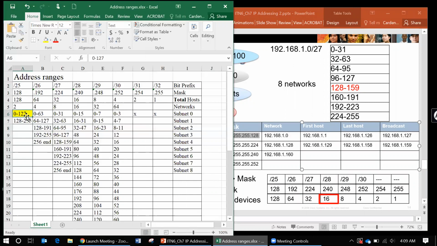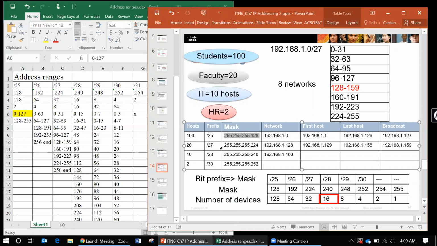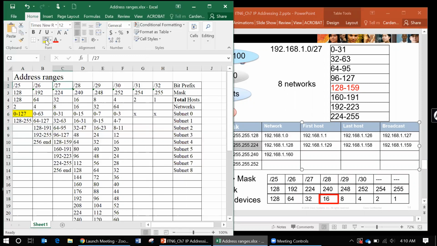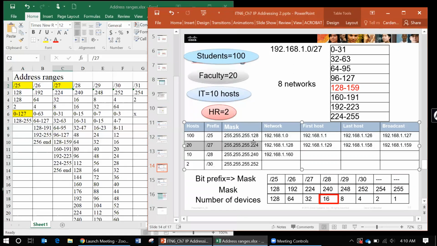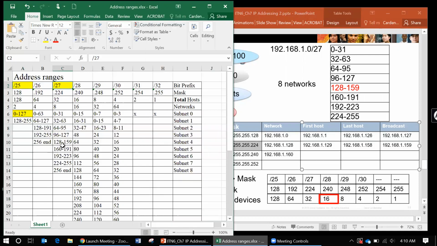And we used 0 through 127 as the entire range. What about the second network? We used /27. Let me go ahead and highlight these two. We used a /27. We started with 128 and ended with 159, so we used this one.